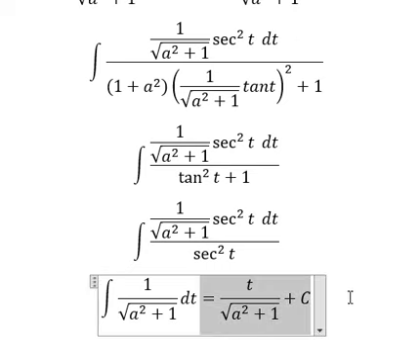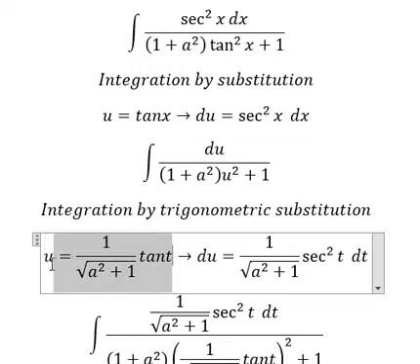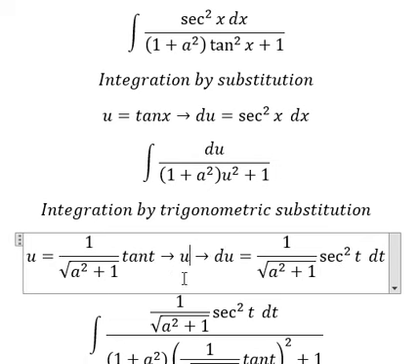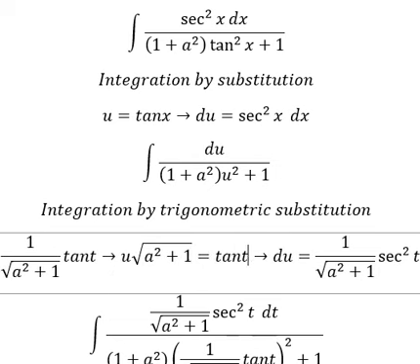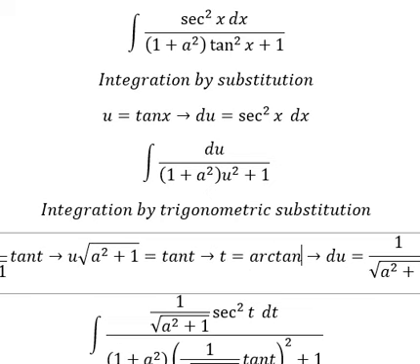The next one, about t, that is about this one. So we put the square root of a squared plus 1 to the left. And we got t equals to arctan of this one.